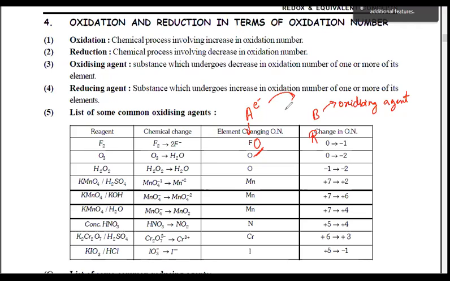Very good. Now, can I say the same thing about A? That A is actually responsible for the reduction of B. So A is your reducing agent.